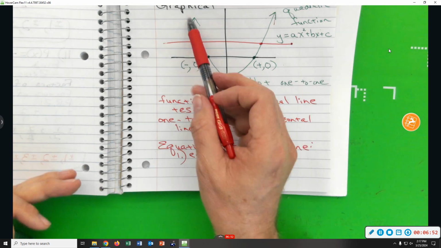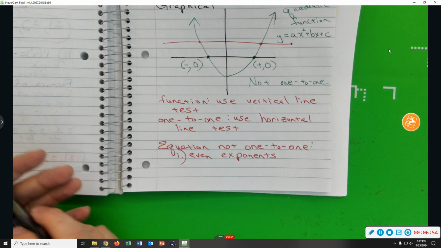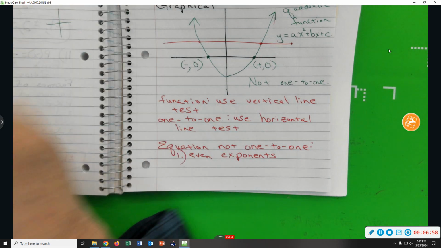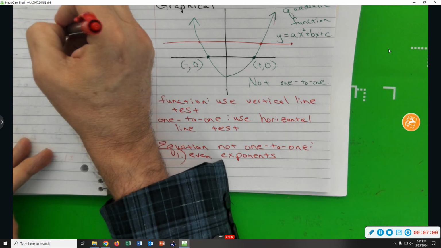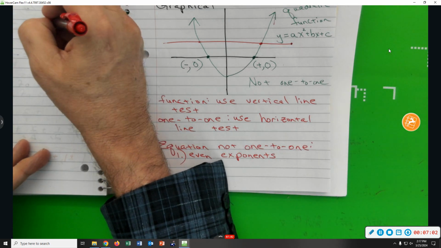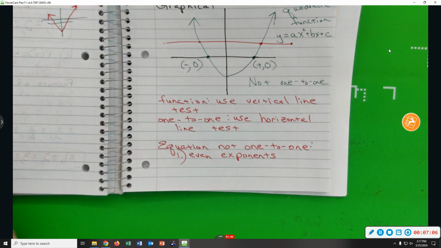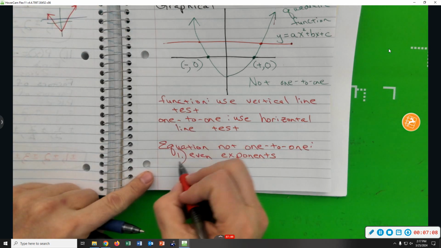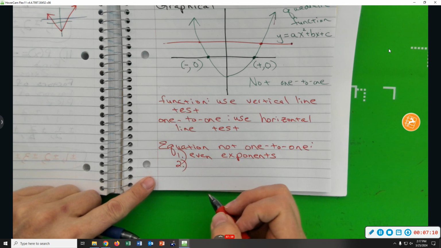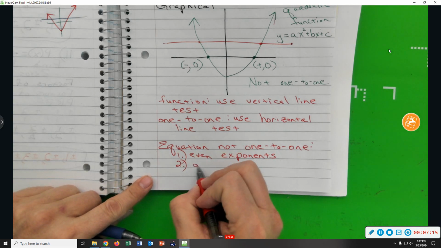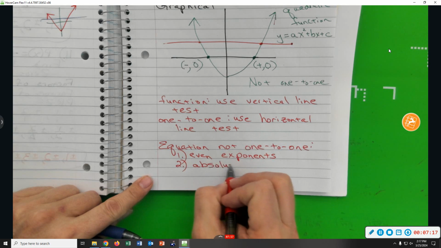It wasn't a U, it was a sharp V. Absolute value. Good. An absolute value will certainly fail that horizontal line test. So the second thing to be on the lookout for: if your equation has absolute values, it's not going to be one-to-one.